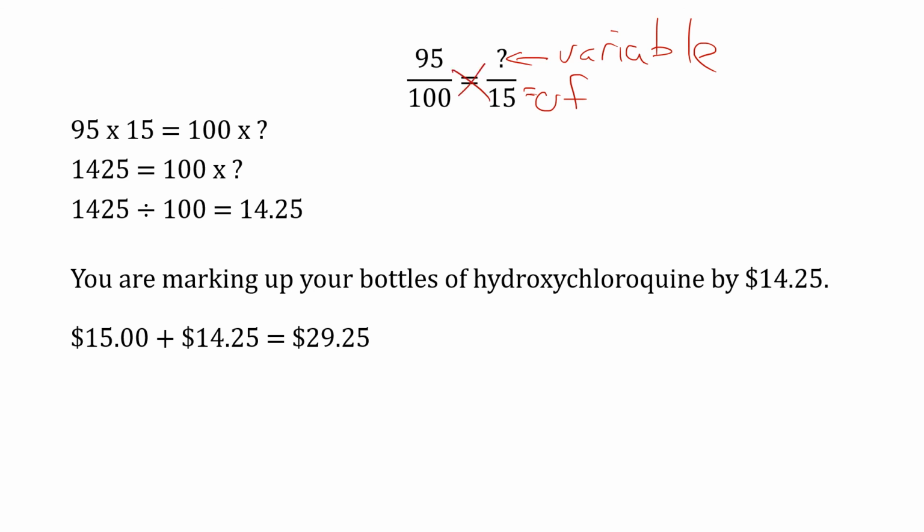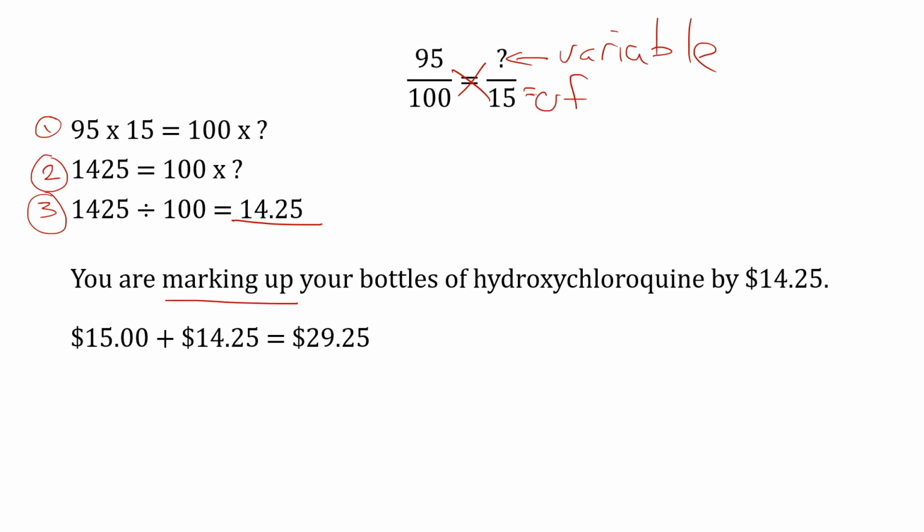So cross multiply, 95 times 15 equals 100 times x, or 100 times our little question mark. 95 times 15 is 1,425, equals 100 times our variable, and then divide each side by 100. Divide by whatever's multiplied to your variable. So we have 1,425 divided by 100, which equals $14.25. So that's my markup.